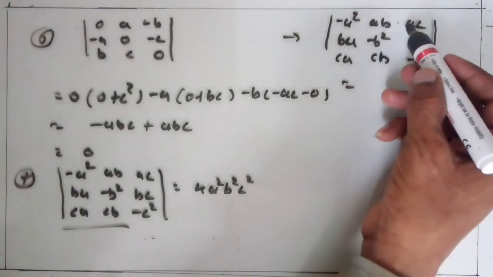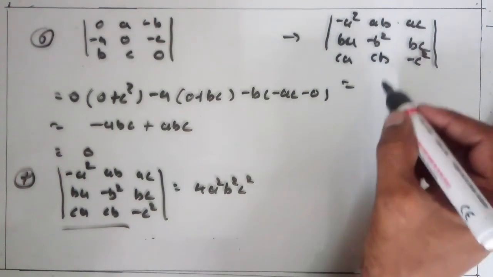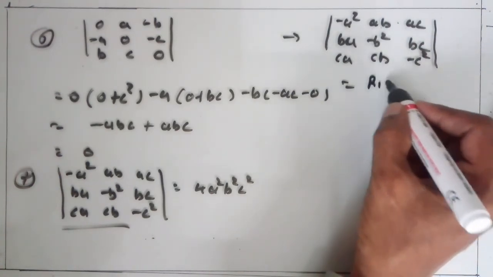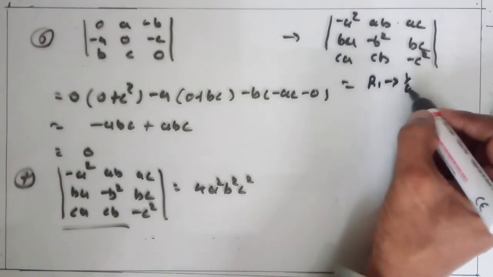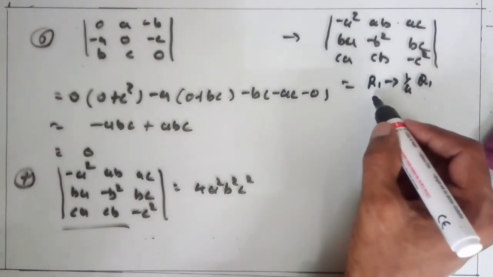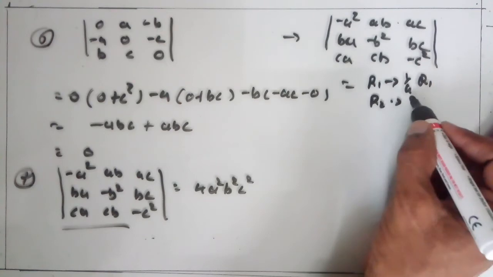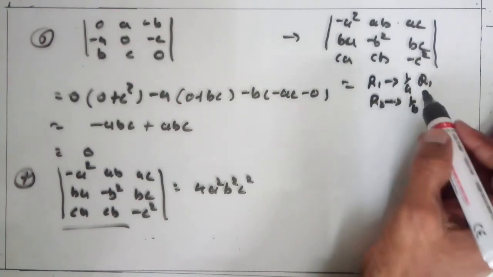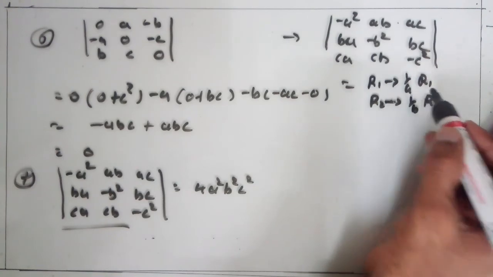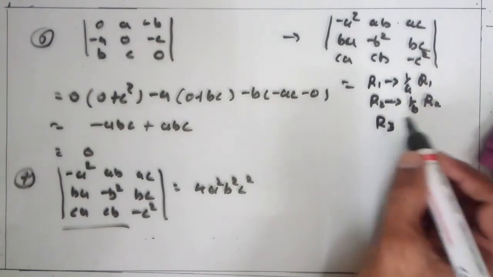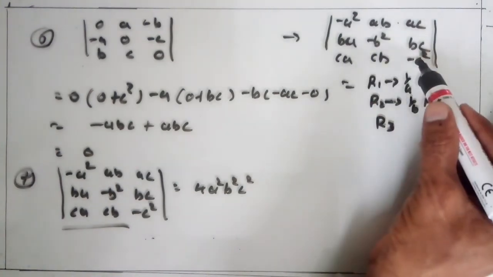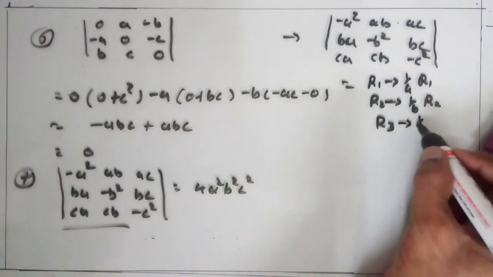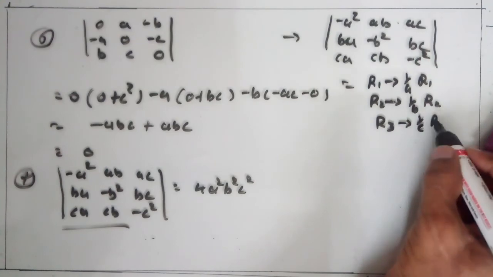Here A taken common means R1 implies 1 upon A R1, R2 implies 1 upon B R2. Taking common means dividing by the given number. From R3 we take common C, so divide R3 by C.